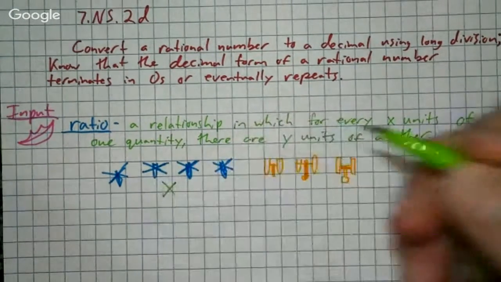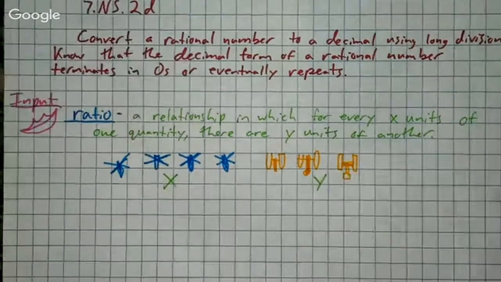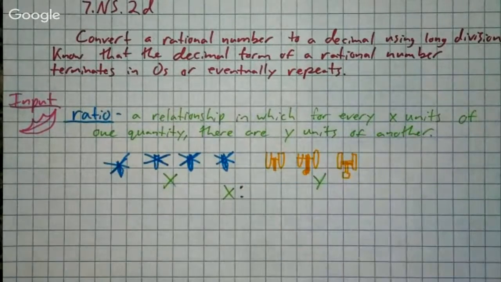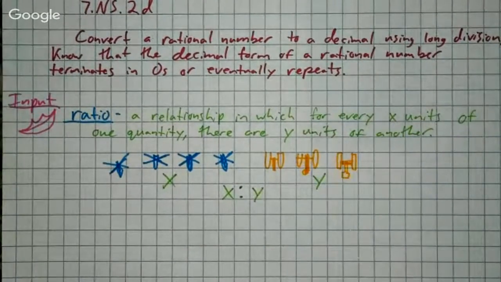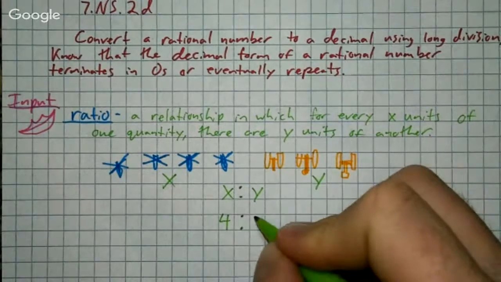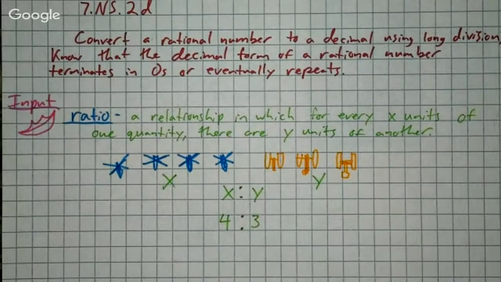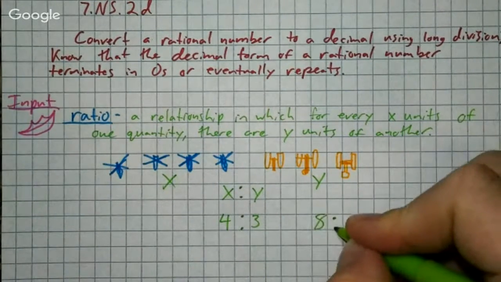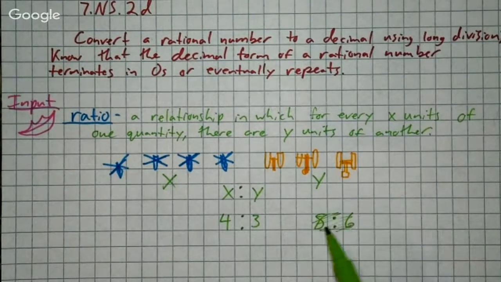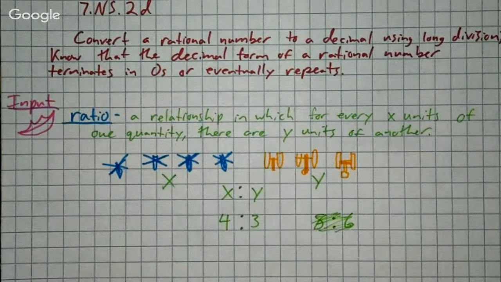Now, if the x-wings are our x value and the y-wings are our y value, a ratio simply says that there are x, and then this is how we show it, to y. How many x are there to y? So there are 4 x-wings to every 3 y-wings. If we had more and more of these, this ratio would be the same no matter what. If we had another group of fighters fly in, we could say that it was going to be 8 to 6, right? 8 for every 6, but we simplify that down, and 4 to every 3 y-wings.